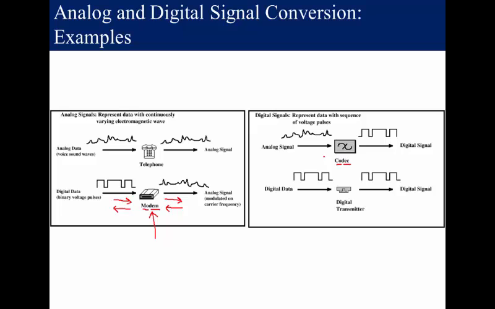Very similar to this, but for different applications. Usually codec is for multimedia data. Modem is for network devices. And there's a digital transmitter. It transmits digital signal to digital.